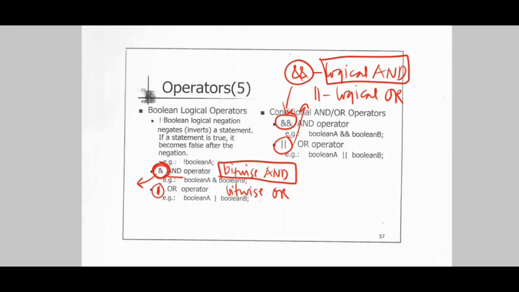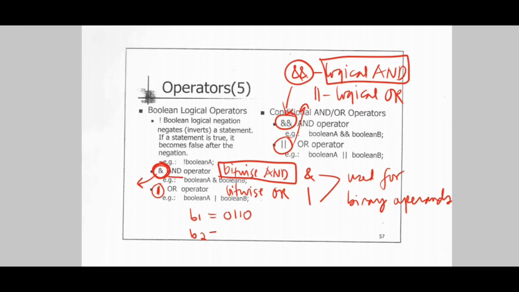The bitwise AND, which is a single ampersand, and the bitwise OR, a single vertical symbol, will be used for binary operands. Like the one we had a while ago, say we have B1 is equal to binary 0110, and say B2 is 0111.